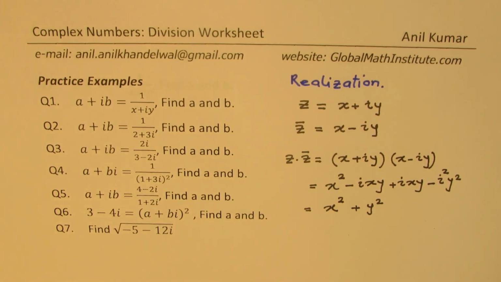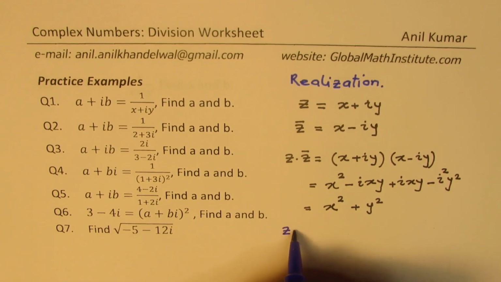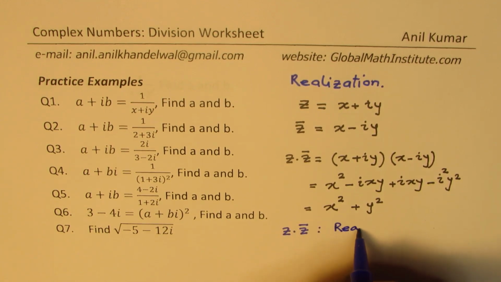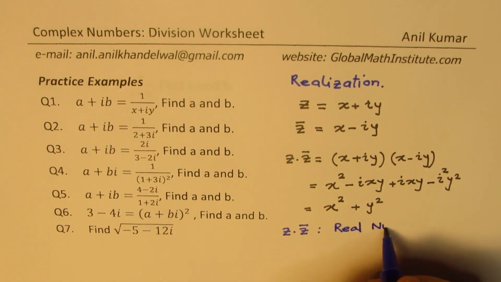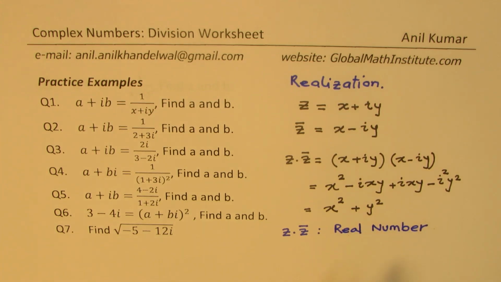So what you notice here is that the product of z with its conjugate is a real number. And therefore, this process is called realization.